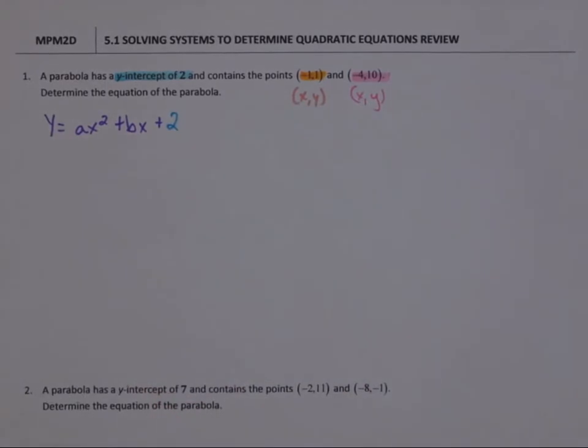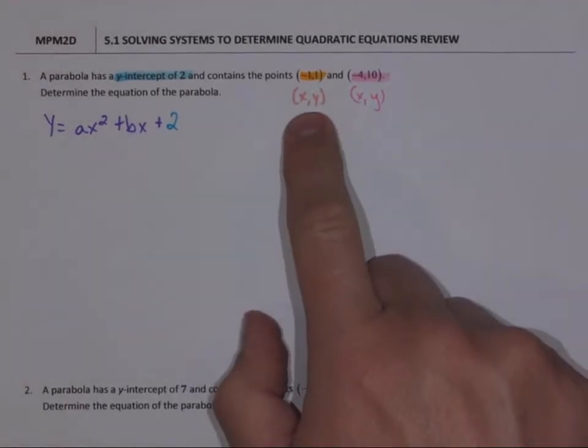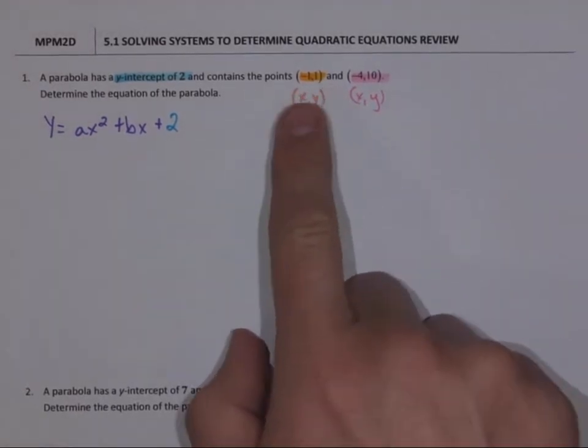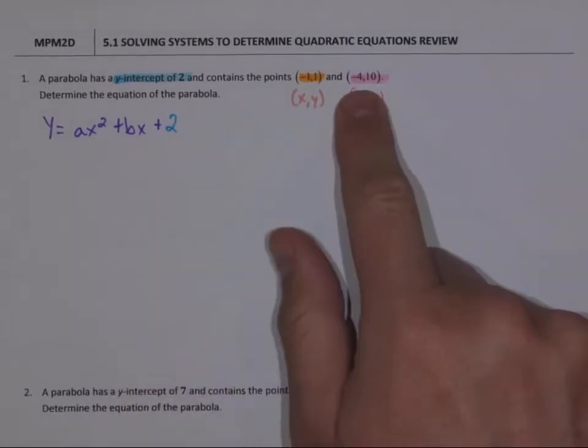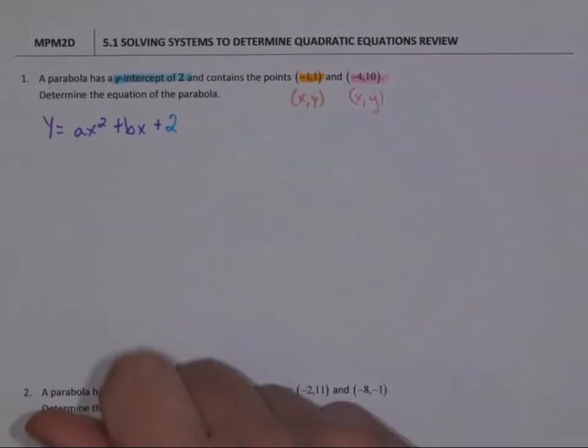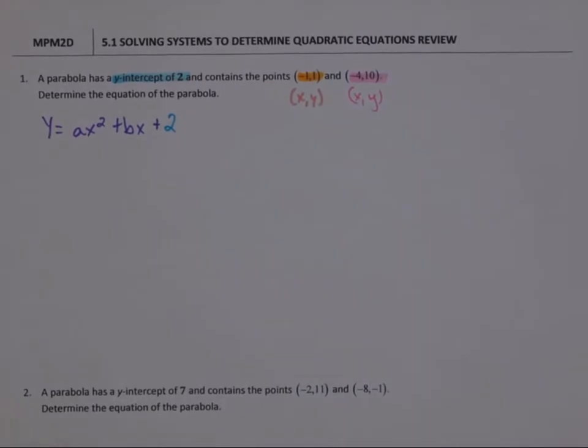So because of that, we're going to sub in our 2 equations. We're going to sub in -1 for x and +1 for y for one equation. We're going to sub in -4 for x and 10 for y in our second equation.